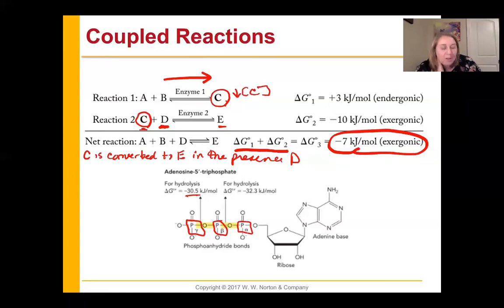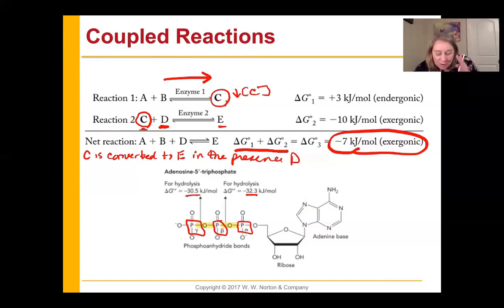what you're going to get is a delta G of minus 30.5. If you cleave between the beta phosphate and the oxygen, you're going to get 32.3 kilojoules per mole released. So it's not really the cleavage of the phosphoanhydride bonds that's going to drive reactions and provide that energy.